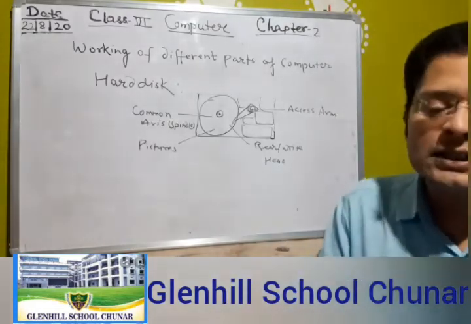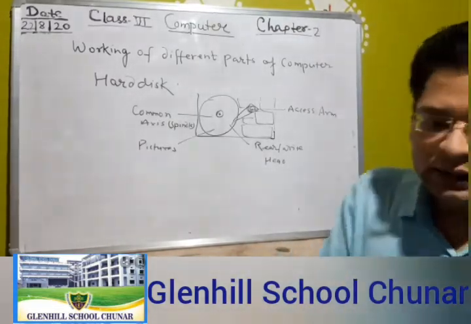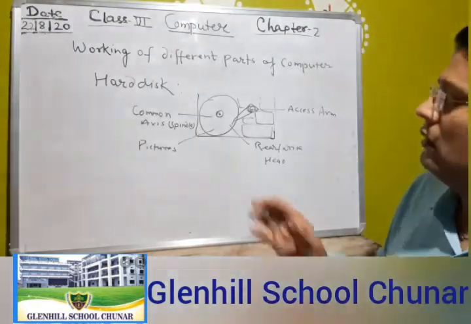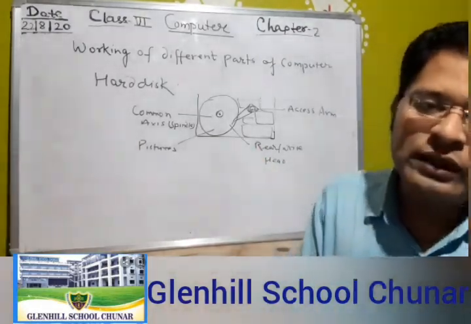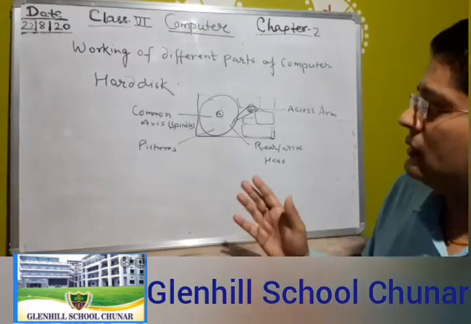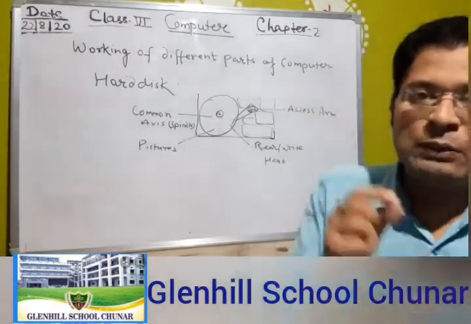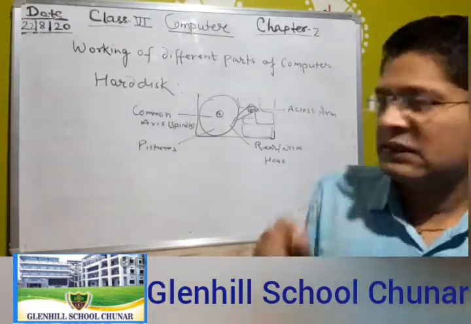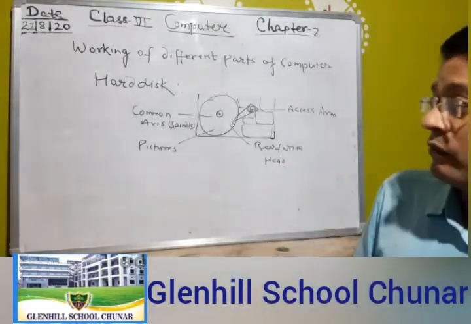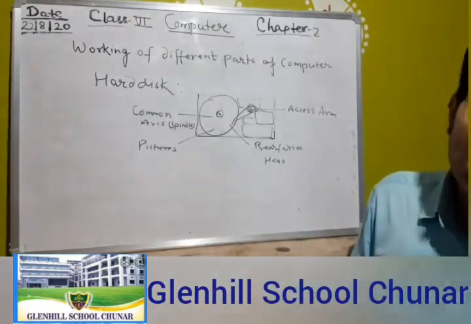So a hard disk is made of stacks of disks called platters. A platter is made of aluminum, glass, or ceramic, and is coated with alloy material.